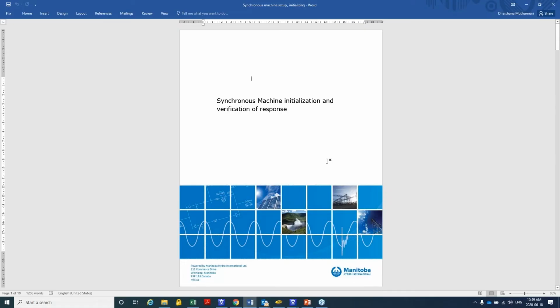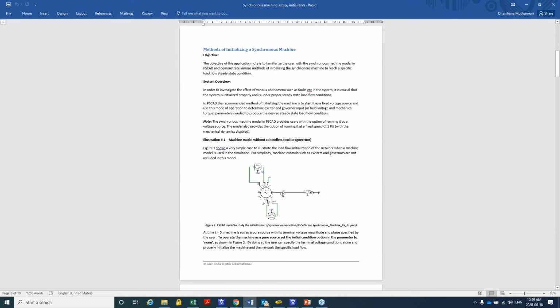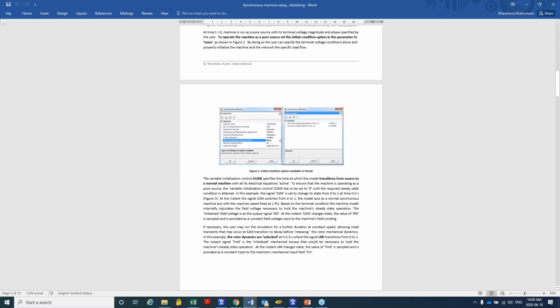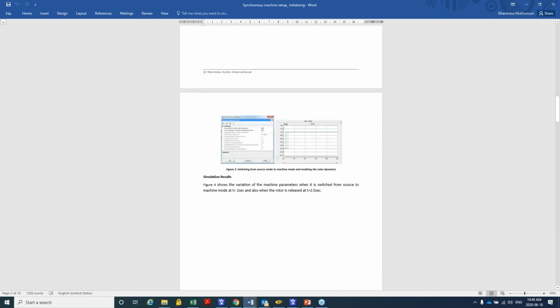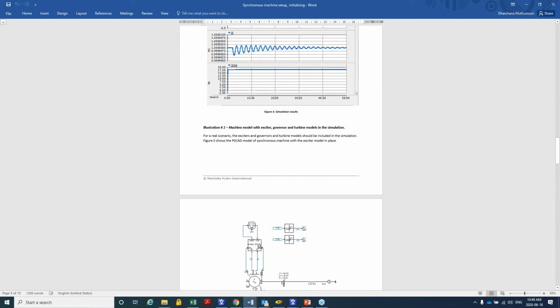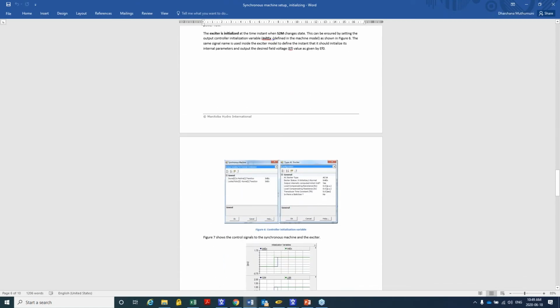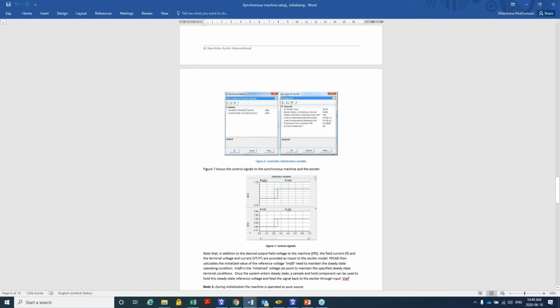Again, we don't want to spend too much time on that because we have many examples, and what I think is a very descriptive technical note available, right? This is already available on our website for download, but I will definitely add this to the package that will come after this presentation for you to download. It explains step by step how to set the case up, enter data, and so on.